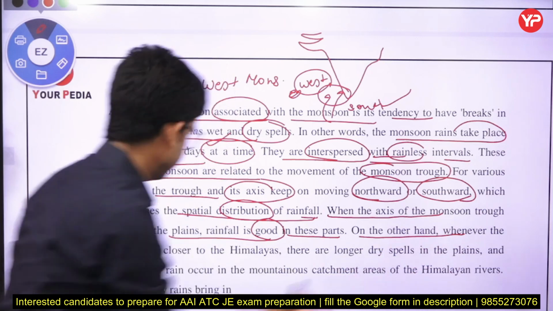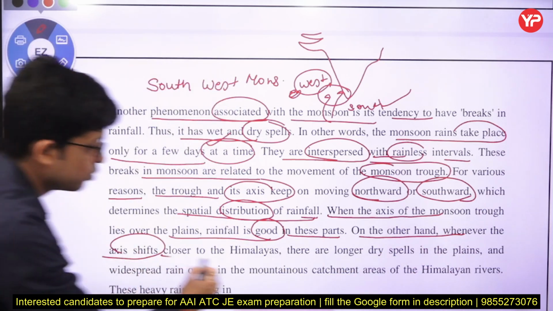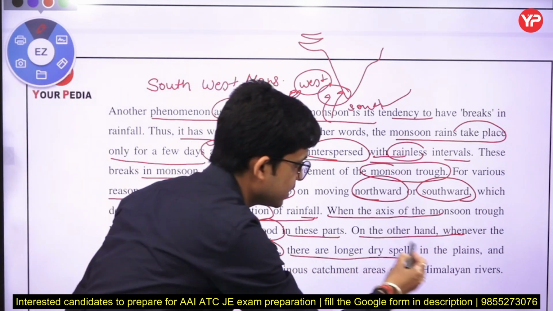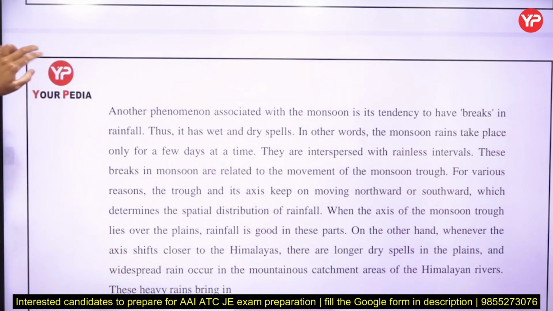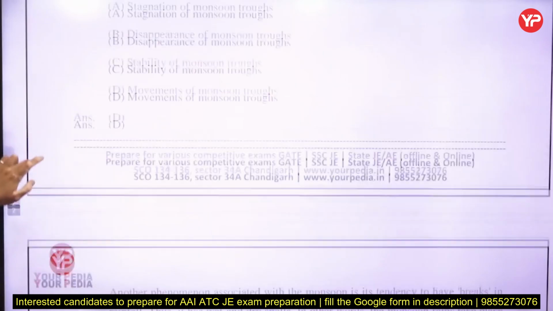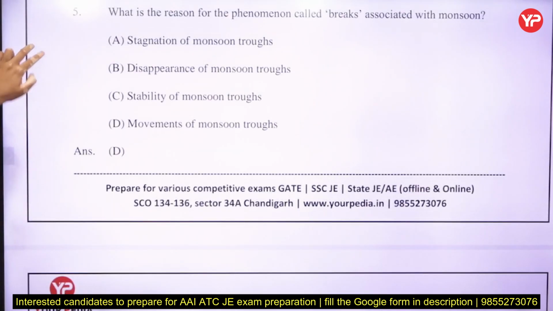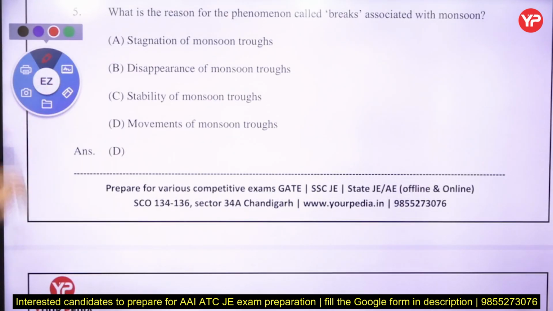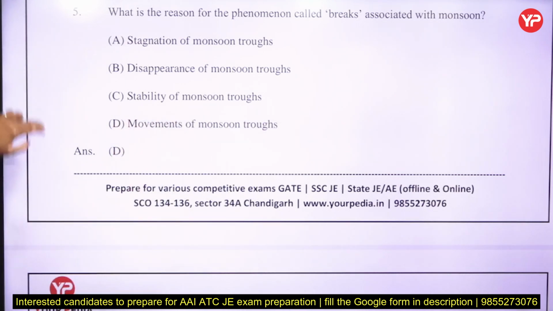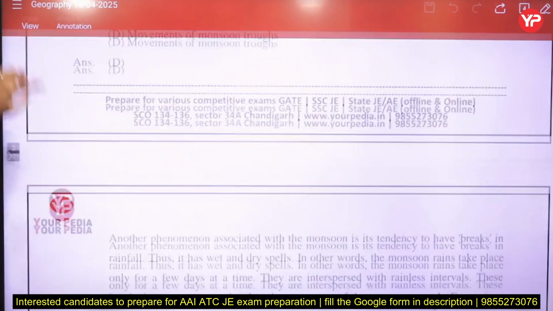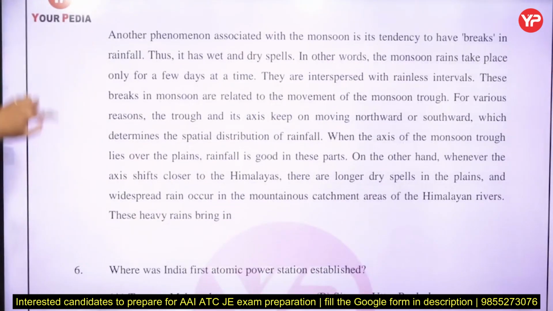On the other hand, whenever the axis shifts closer to the Himalayas, there are longer dry spells in the plains. So always remember that point. Very interesting question. So the answer is the movement of the monsoon trough. Okay, so let's move to the next question.